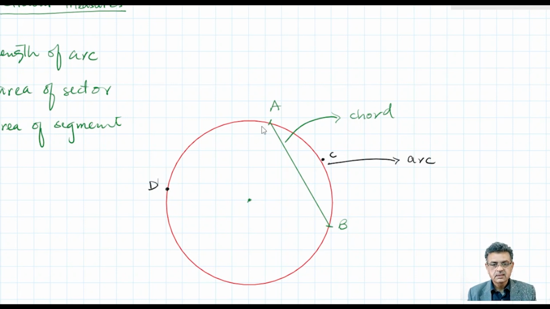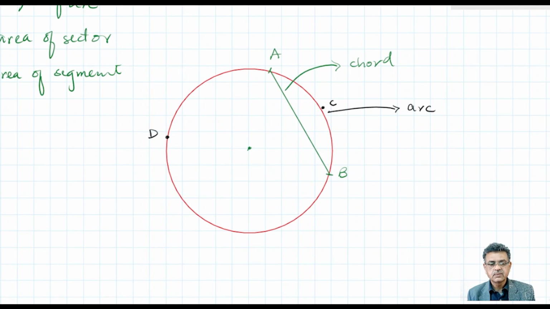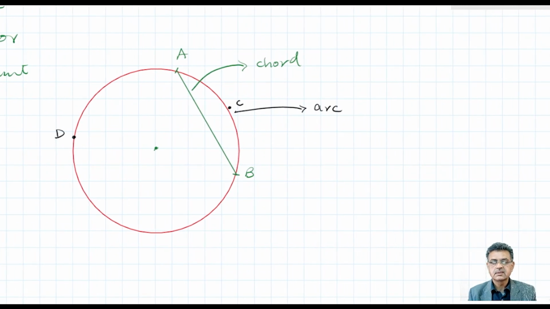That is the longer path, passing through D and coming to B. So this is also an arc. How can we differentiate between these 2 arcs?